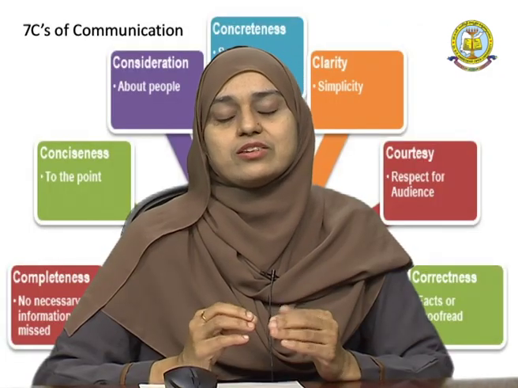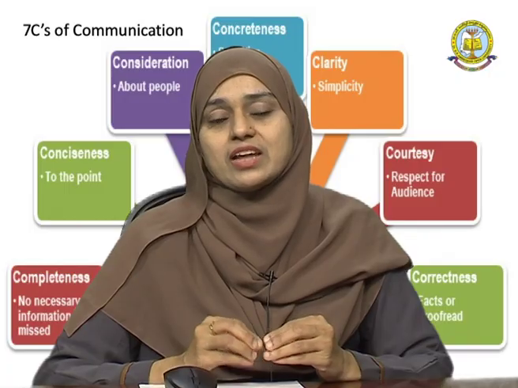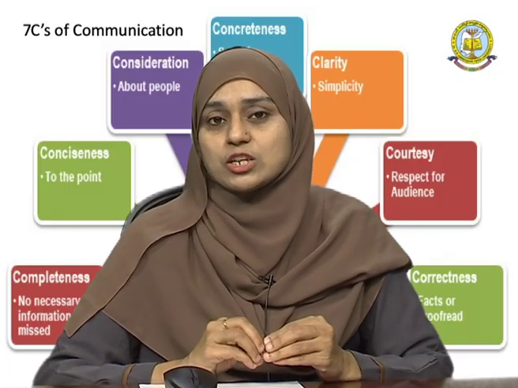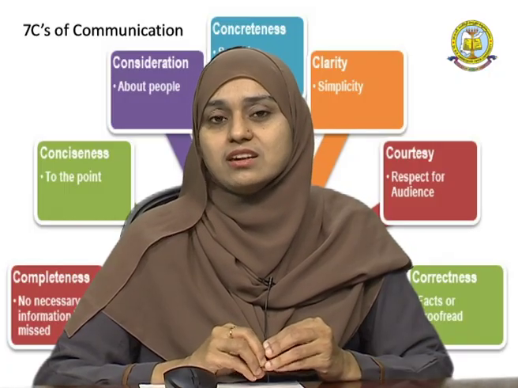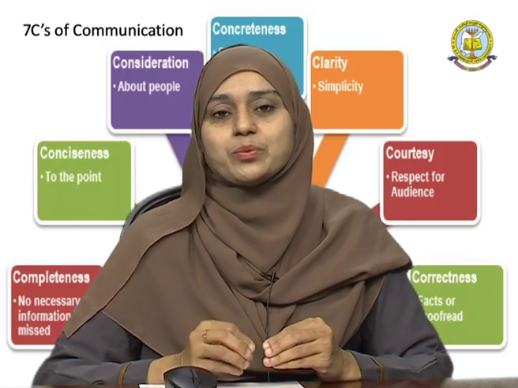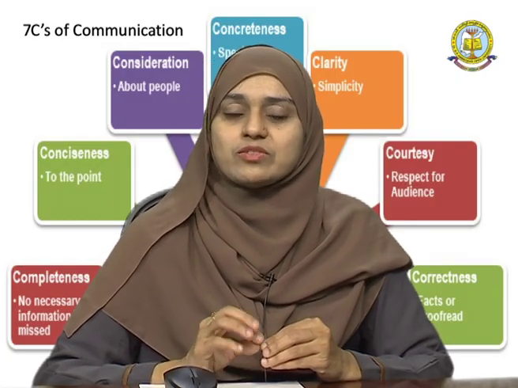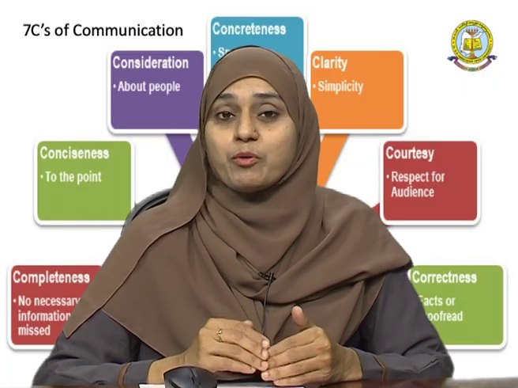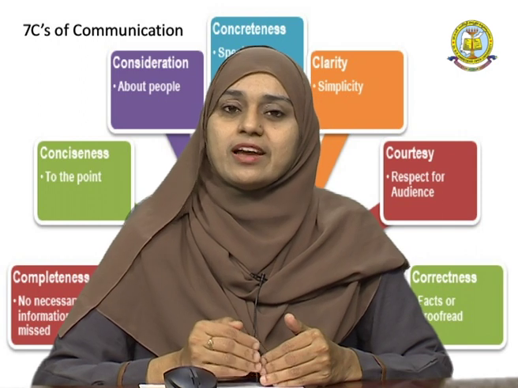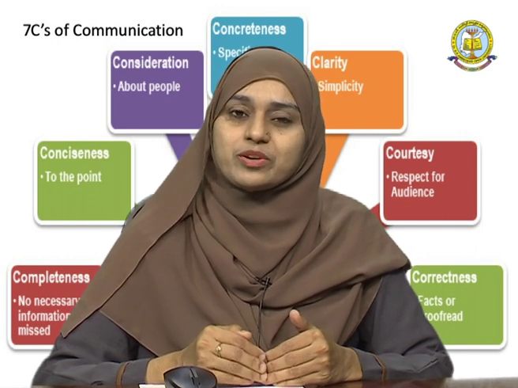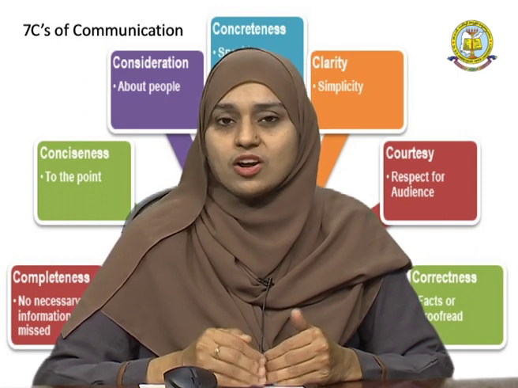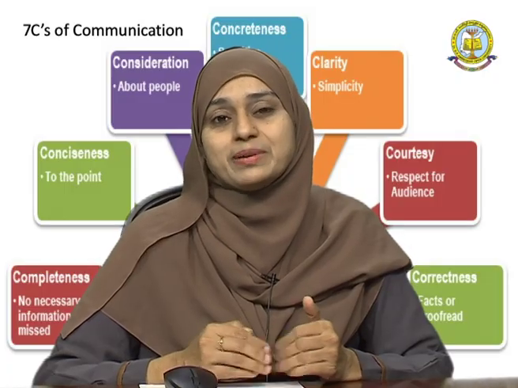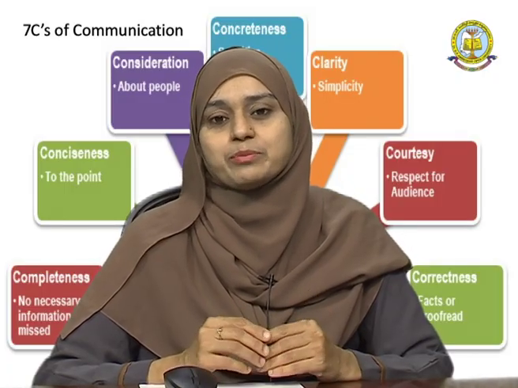In case the sender of the message feels that there is additional information that is required to be communicated, then he will have to communicate even that. Information which is based upon facts and figures, information which is supported by appropriate examples, information which is contemporary and relevant to the context, all of them will bring about completeness in the message which is being communicated.